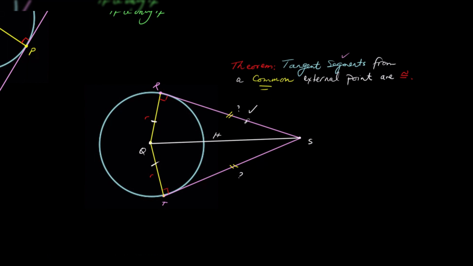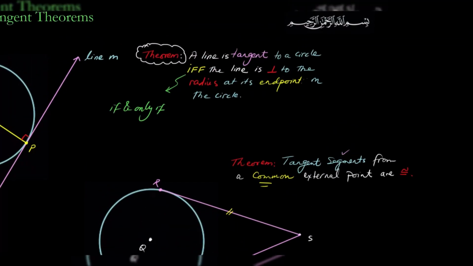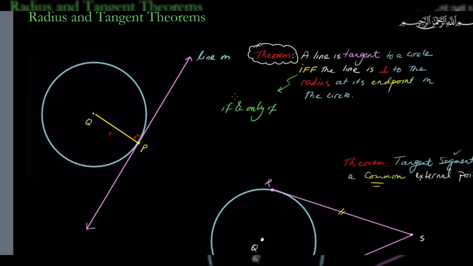So going back as a review, the theorem states that two tangent segments that arise from a single external point are congruent. So these are the two theorems for today. The first theorem, if you recall, was that tangent lines are perpendicular to the radius that connects to their point of tangency.